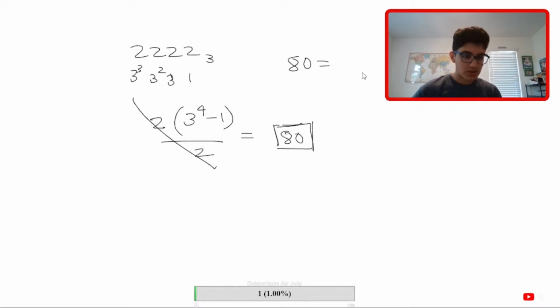It's some other base greater than 2, right? It should be written as A, B, A, or I'll just use other variables here. I'll use like X, Y, X, base B. So basically you have X times B squared plus Y times B plus X is equal to 80.